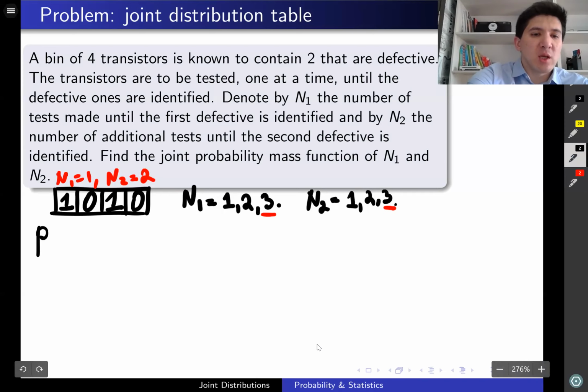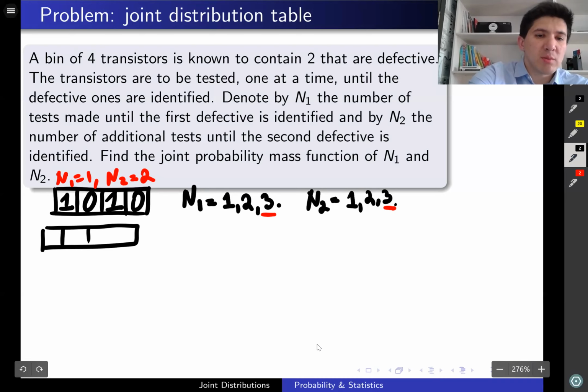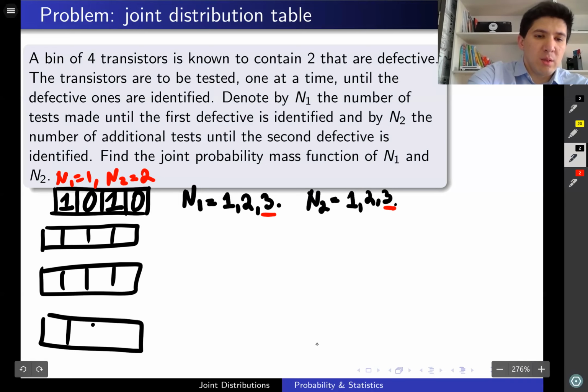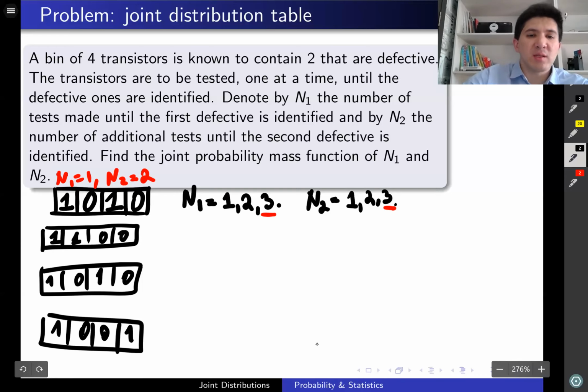So what kind of combinations? I'm going to draw 6 boxes. I can choose the first defective and second defective like this, first defective, second defective like this, first defective, second defective like this.